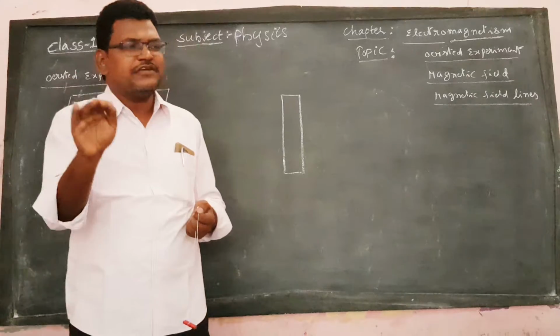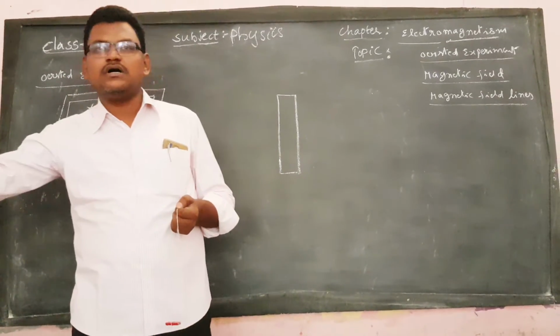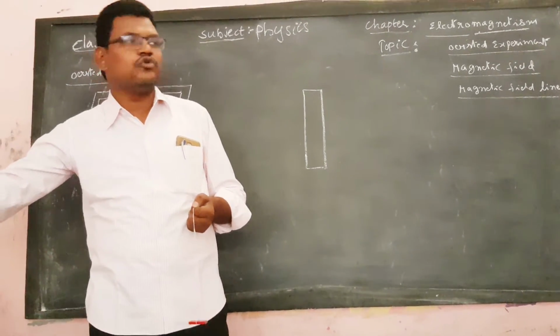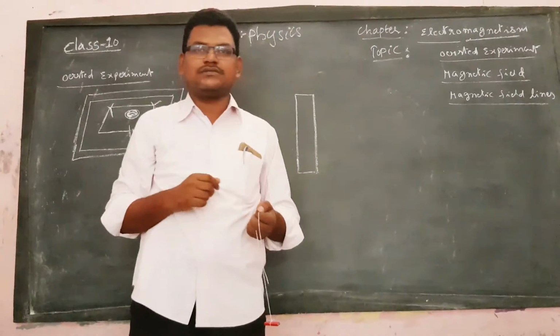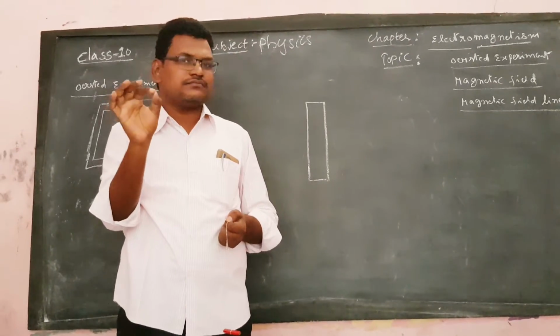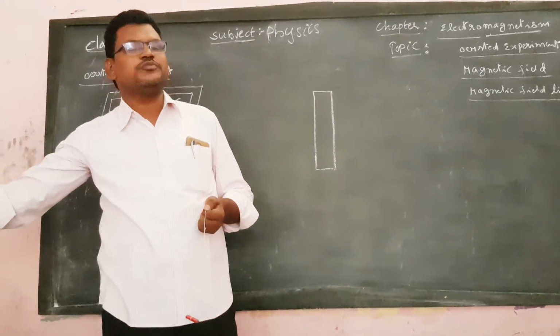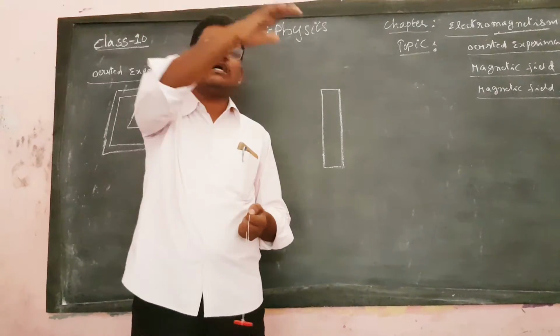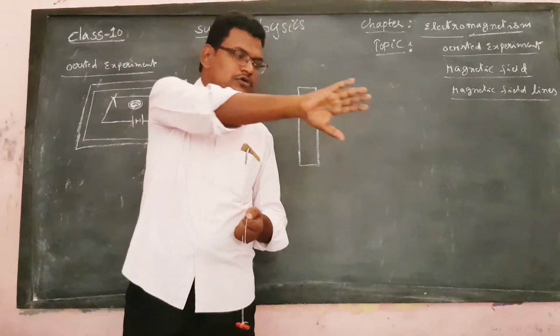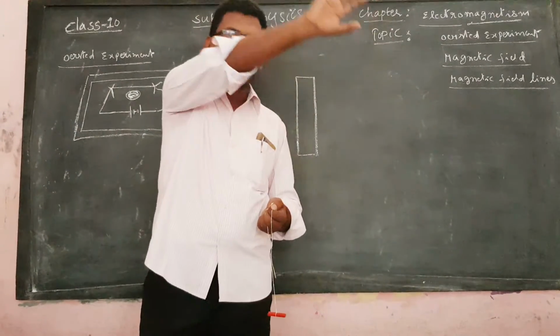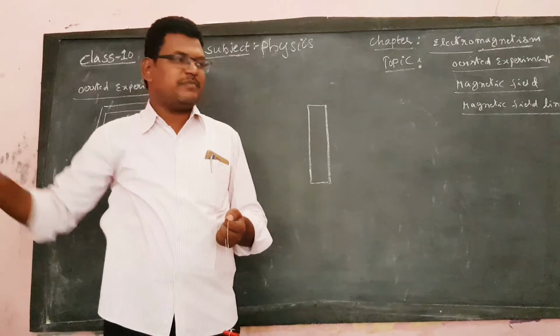The Earth's magnetic field lies from the south pole of the earth to the north pole of the earth. The direction of the resultant magnetic field of the earth is from the south pole of a magnet to the north pole of a magnet, or from the north pole of a magnet to the south pole of a magnet.